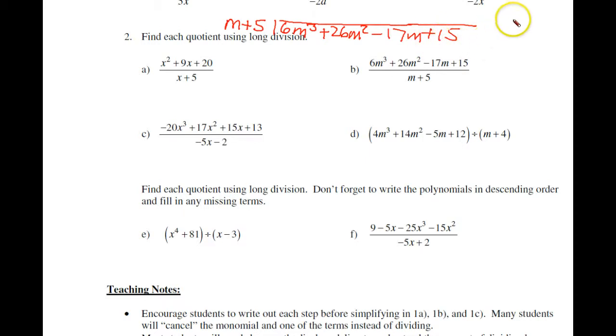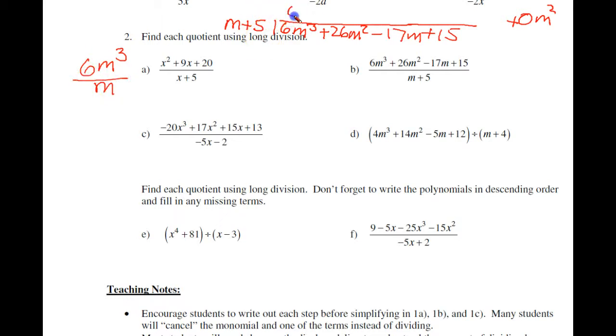If there were, you might have to put in what they call a space filler, 0m to the second, let's say, if the m to the second were missing, because this is a sequential process and you need a place to put things. So again, we have 6m cubed, this is our first term here, divided by m.